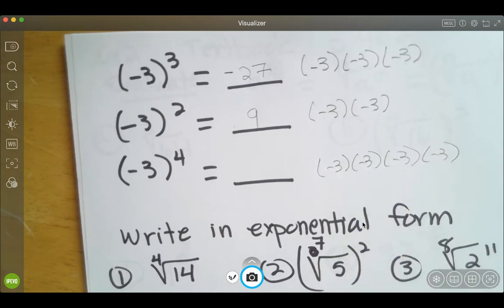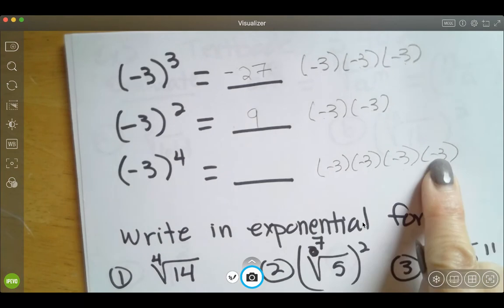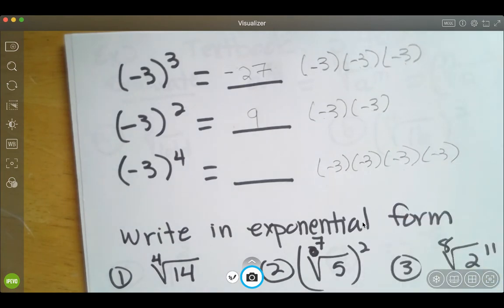So now it's 3 times 3 times 3 times 3. So 3 times 3 is 9, times 3 is 27, times 3 is 81. What's a little easier when you have 4 is you can multiply these two, and that gives us positive 9, these two, that gives us positive 9, and 9 times 9 is 81.